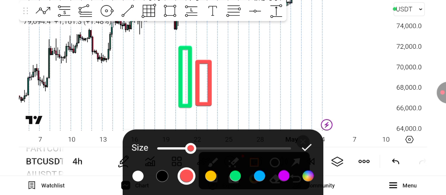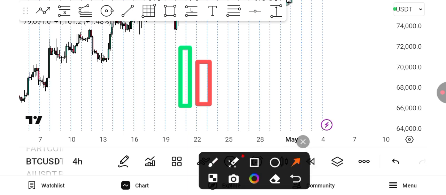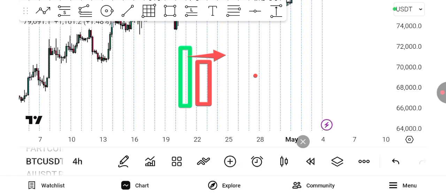Now the general structure: the second candlestick of a dark cloud cover must be below half the size of the first candle, but never be equal in size or longer than the first candle. So I'm going to give you an illustration now.